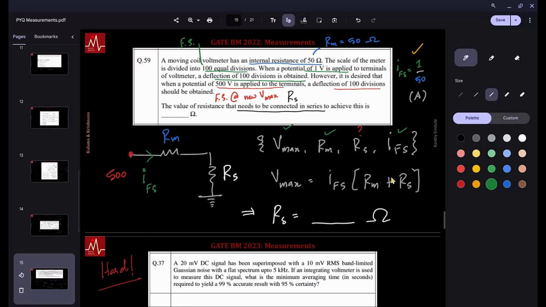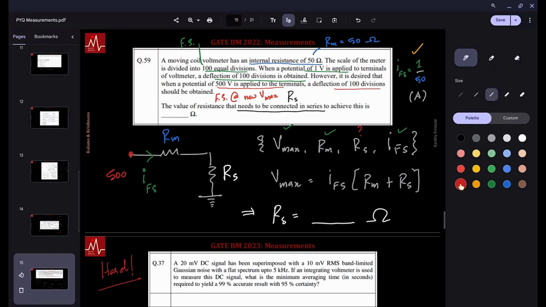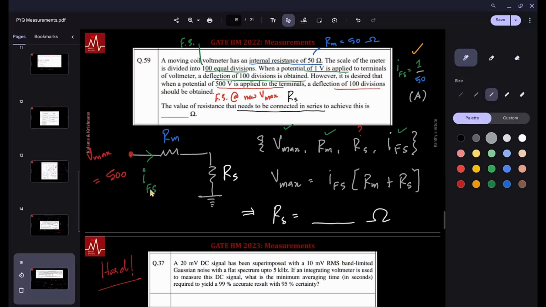So notice IFS is 1 over 50. Vmax is 500. The three values are known.